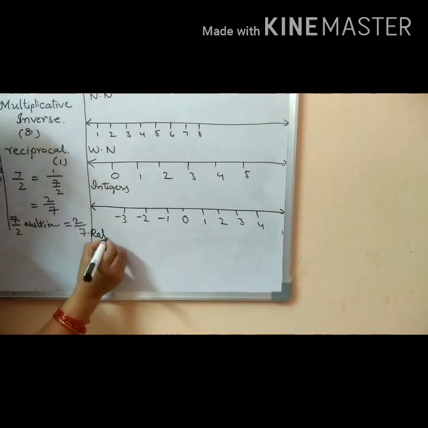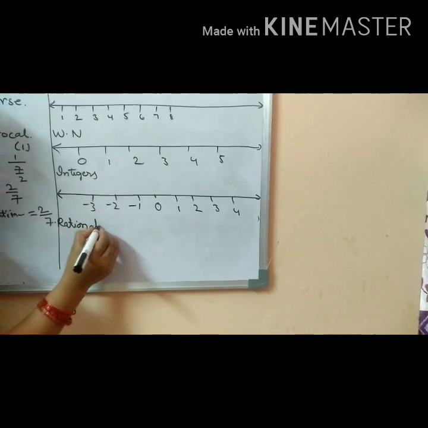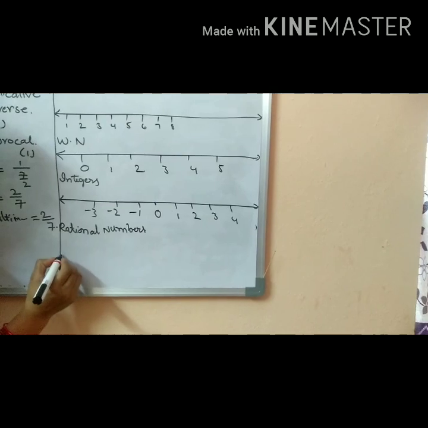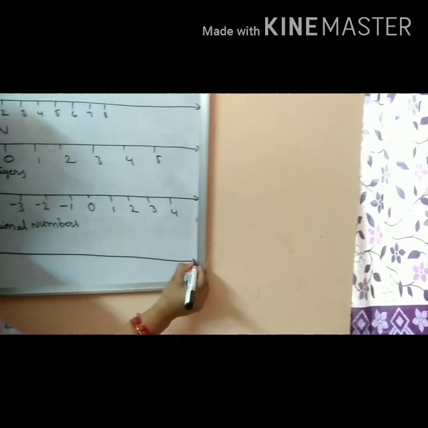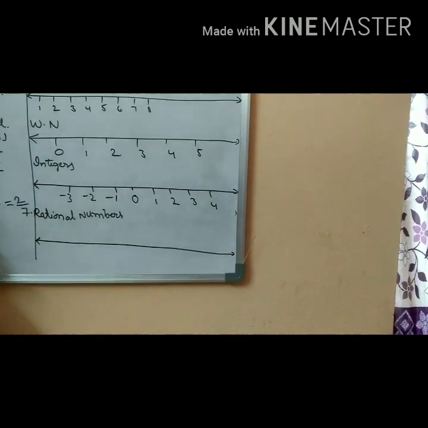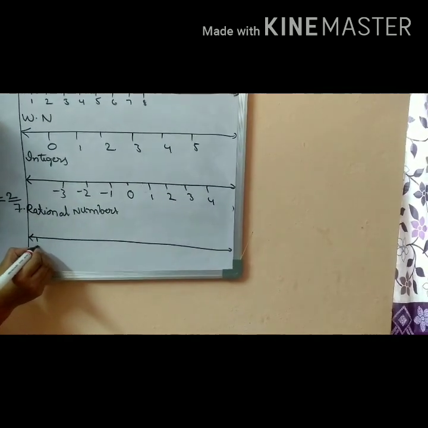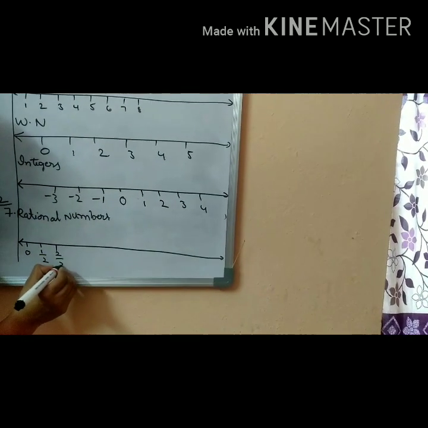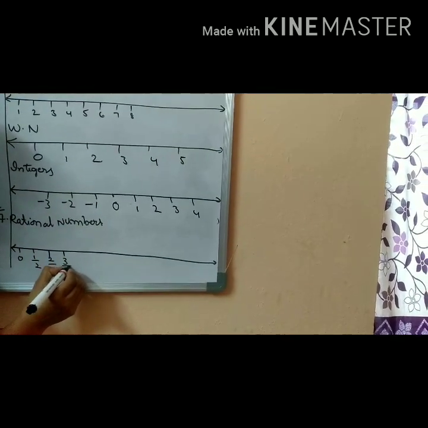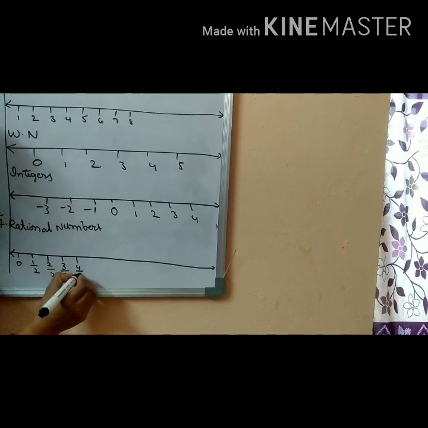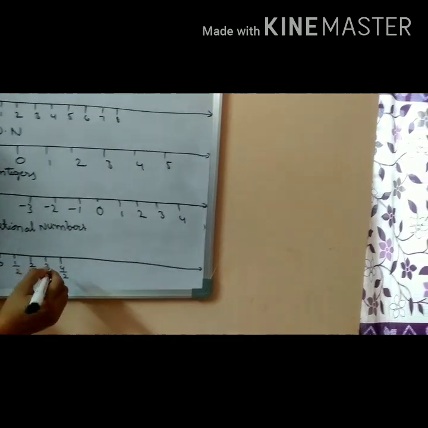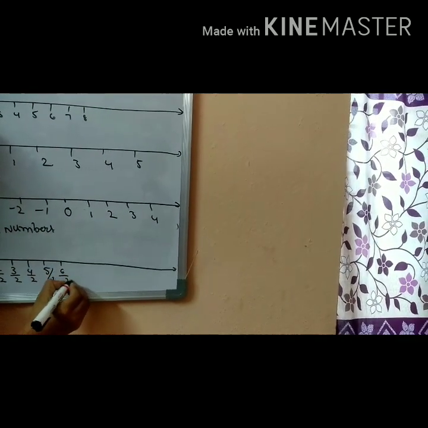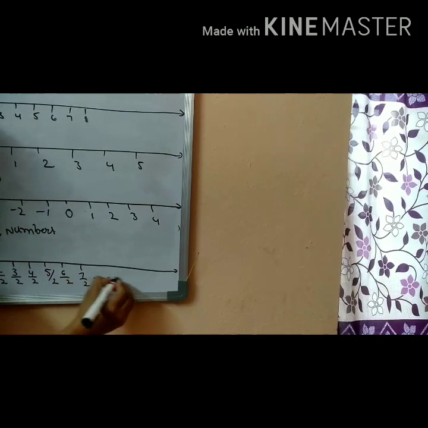Next, the main important one in this topic, rational numbers. This is also a number line. You have to take 0 onwards. You will start 0, 1 by 2, 2 by 2, 3 by 2 and 4 by 2, like this only. 5 by 2 and next 6 by 2, 7 by 2 and so on.